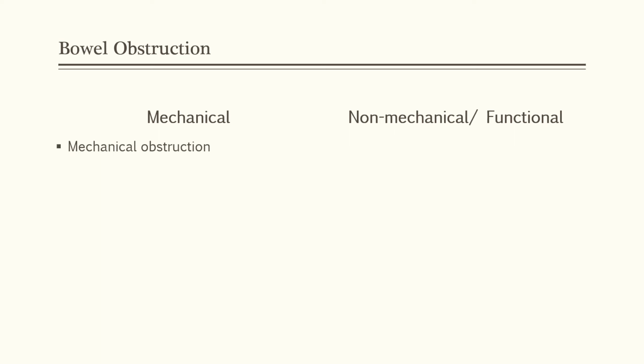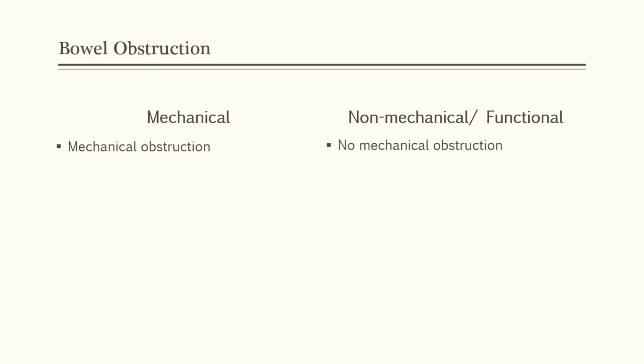And if we quickly try to recall some of the things that cause a mechanical obstruction, it's things like tumors, volvulus, which is a twisting of the bowel, intussusception, which is the telescoping of the bowel, hernias, etc.